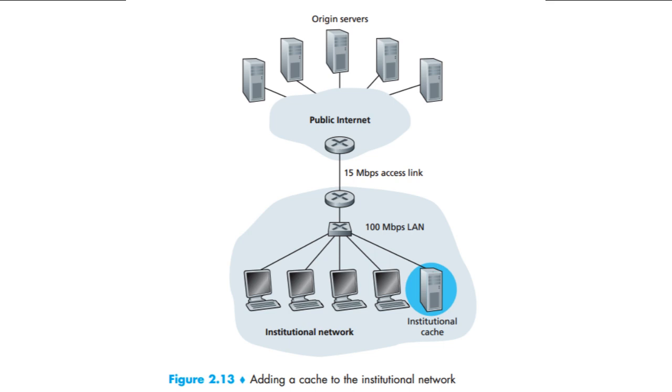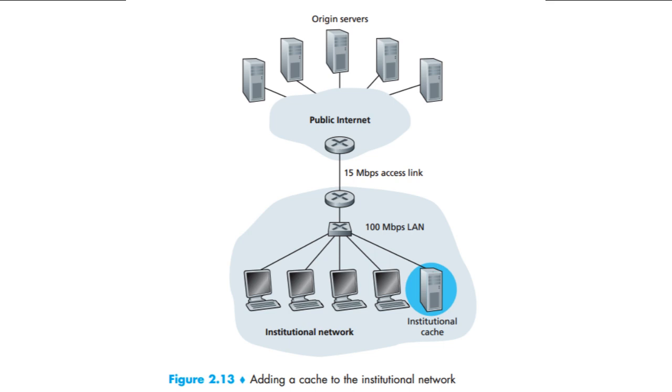Given this consideration, the average delay is therefore 0.4 times 0.01 second plus 0.6 times 2.01 seconds, which is just slightly greater than 1.2 seconds. Thus, this second solution provides an even lower response time than the first solution, and it doesn't require the institution to upgrade its link to the internet.